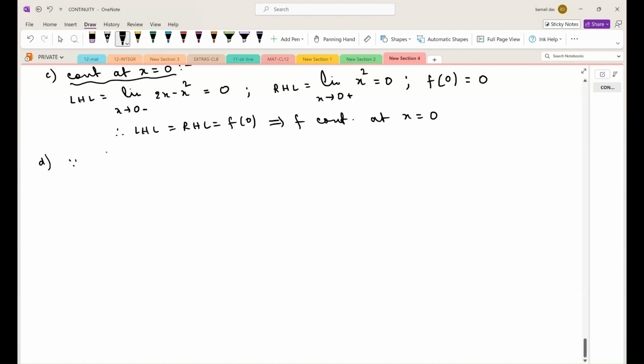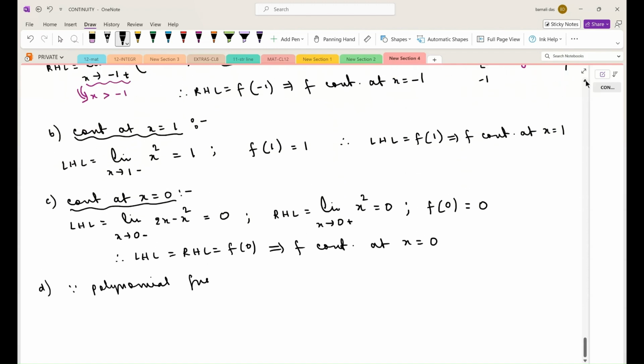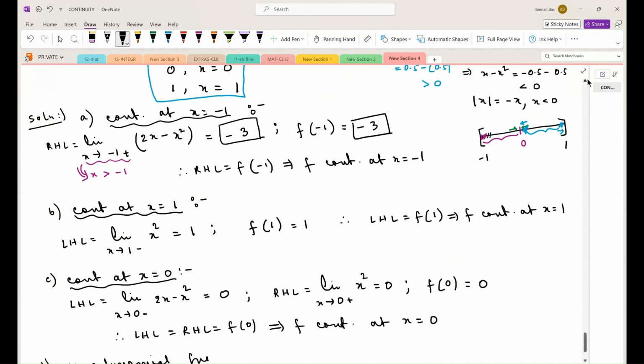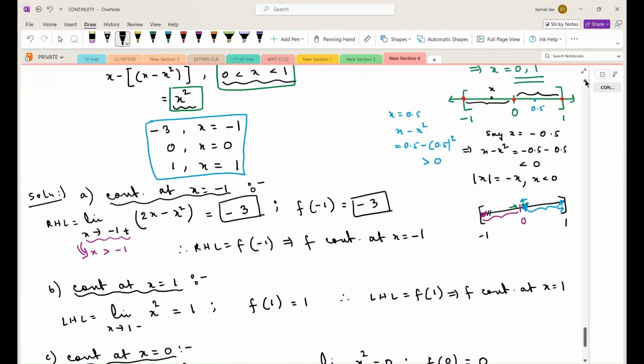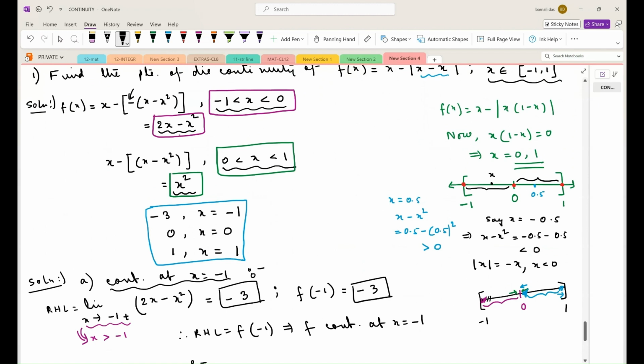Please note that after redefinition of the function f(x), if you look at the various branches of f(x), the entire f(x) is a polynomial function.